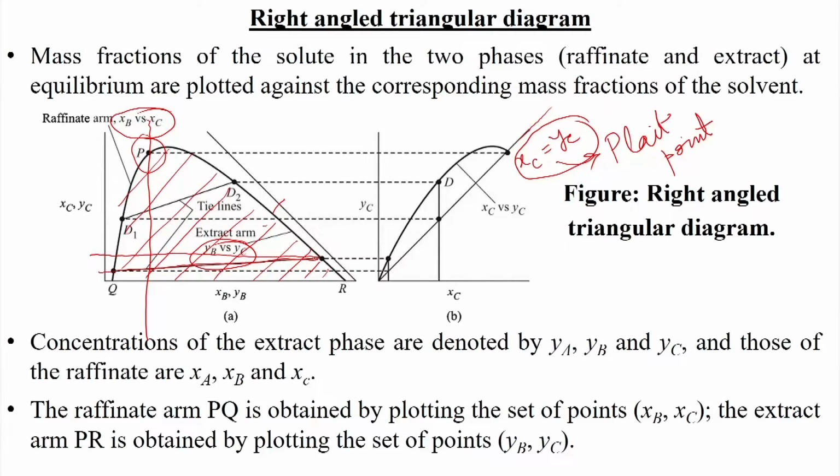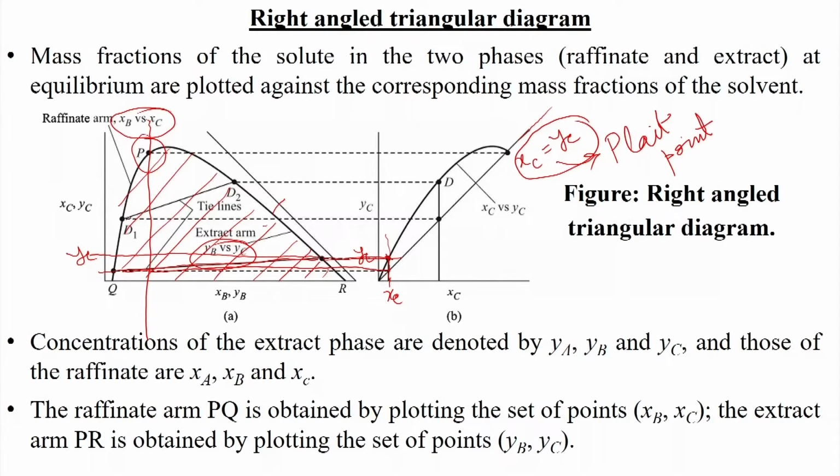Okay. So whenever we come to this point, this is YC, and the corresponding value is XC. So for the XC value, whatever the YC value is, from this tie line we will be able to get it. So we have this XC and we have this YC, and this is one cutting point.